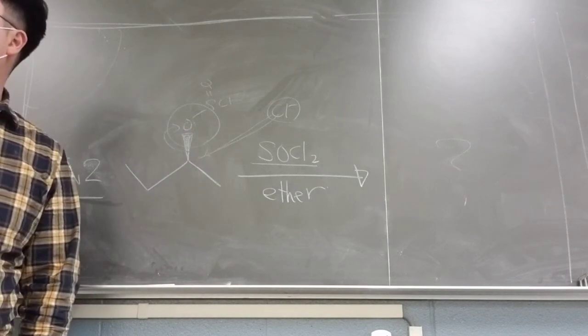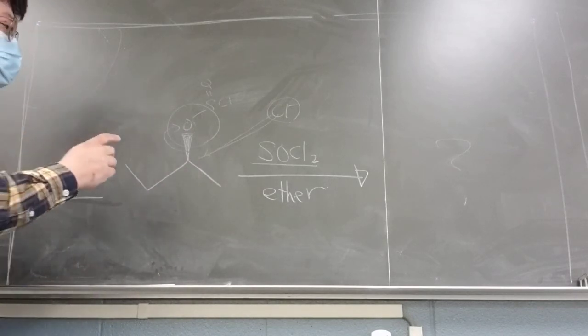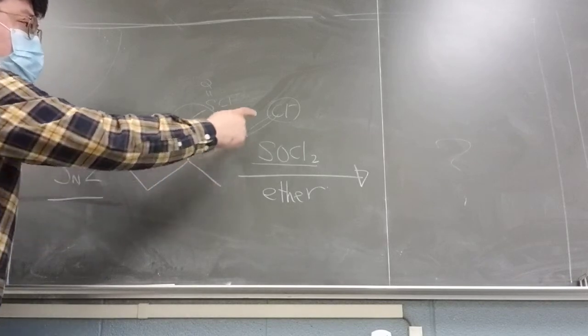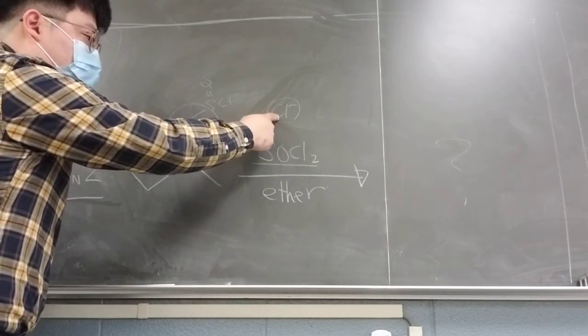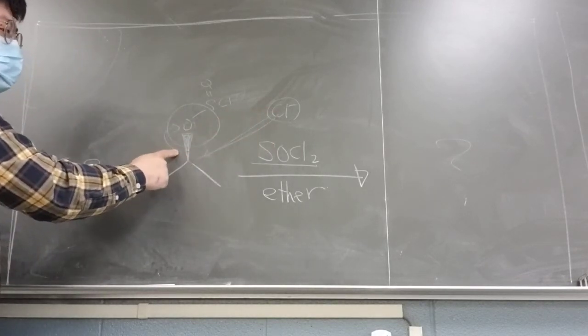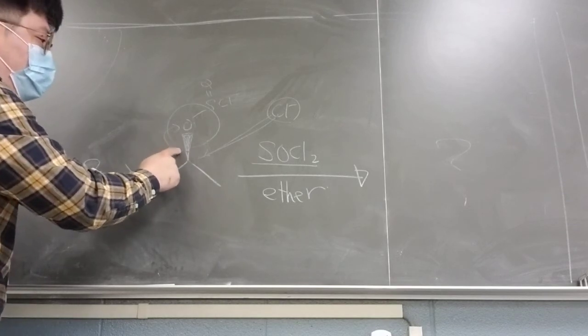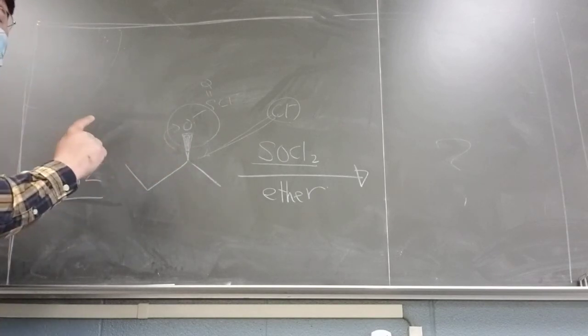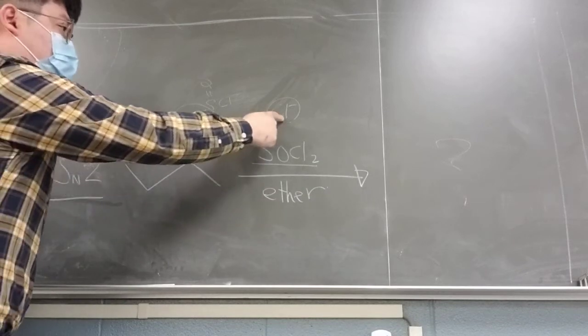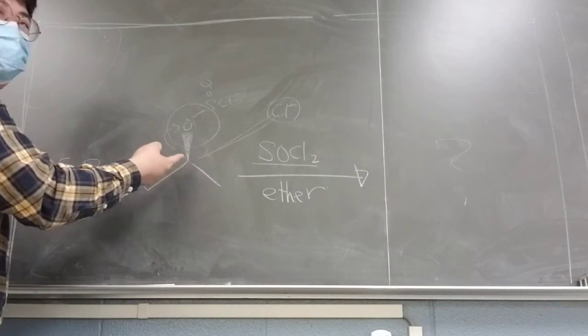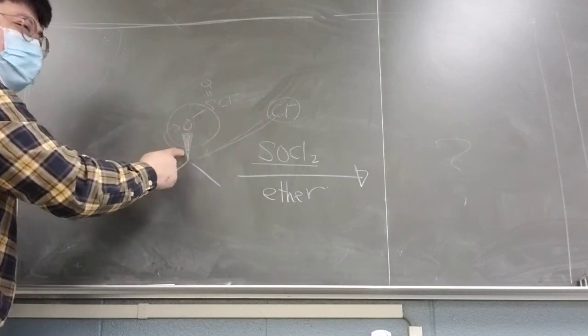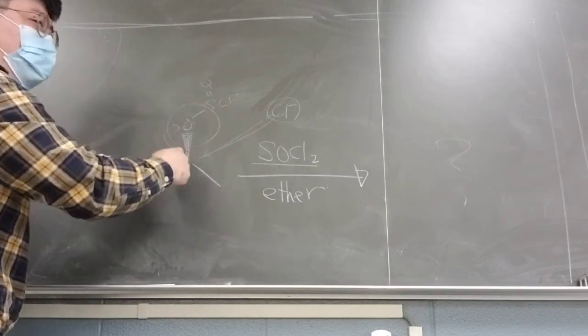Do you guys remember this? Because of the transition state they need to go through, the nucleophile will only attach on the opposite side of the leaving group, because the leaving group is still there. It can't replace what is already there. They need to leave so they can replace, right?